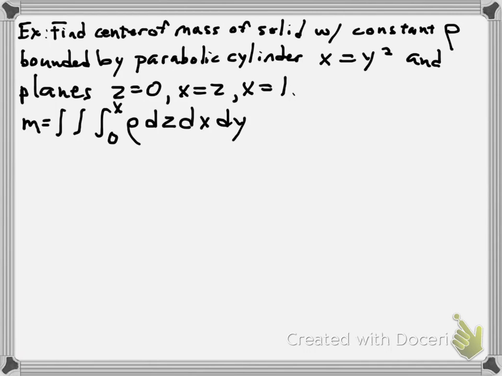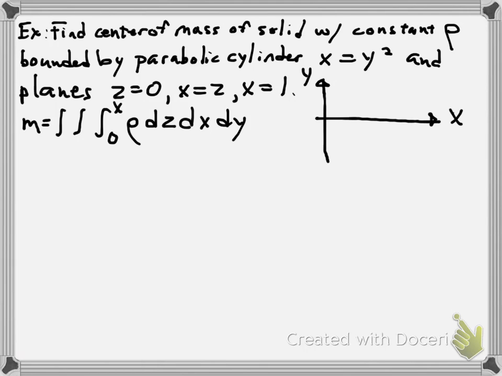Okay, and the reason is because if we draw the region that we get if we project the solid region onto the xy plane, we get the following picture. So this is the y-axis, and this is our x-axis.